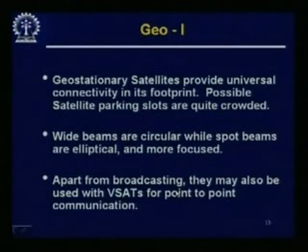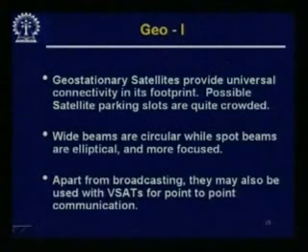So they provide, of course, coverage in their footprint. Footprint means that area of the earth which is covered by one particular transponder, let us say on one particular satellite. It covers all that area at the same time. So that is called the footprint.